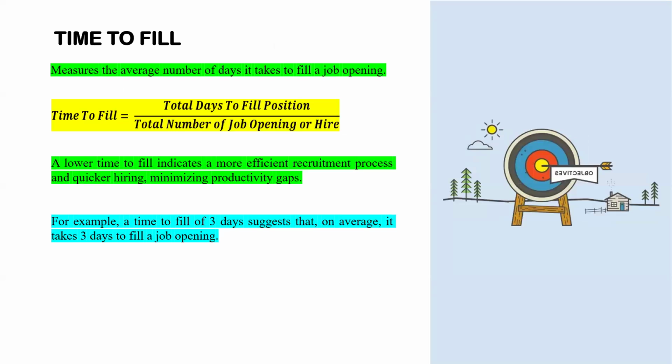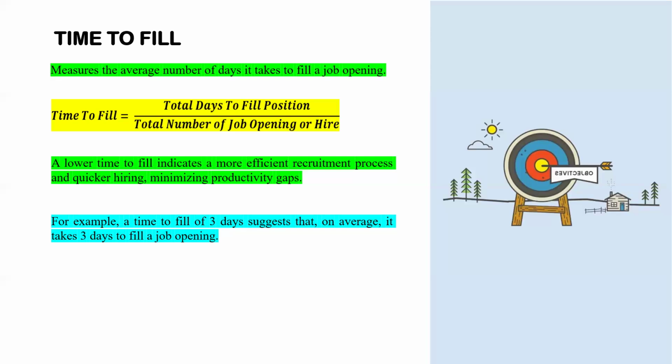Okay, so time to fill, what is it? It measures the average number of days it takes to fill a job opening. So all we are trying to say is that if HR opens or advertises maybe a vacancy, like, hey, we need this one, how long is it going to take for HR to get the right candidate to fill it?